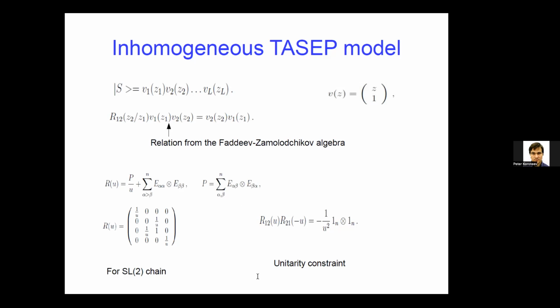And this unitarity constraint can be reformulated in terms of this additional equation. The corresponding steady states for the TASEP model can be expressed in terms of operators which belong to the Faddeev-Zamolodchikov algebra, an algebra of vertex operators intertwined by R matrices, and the corresponding R matrix is written here.